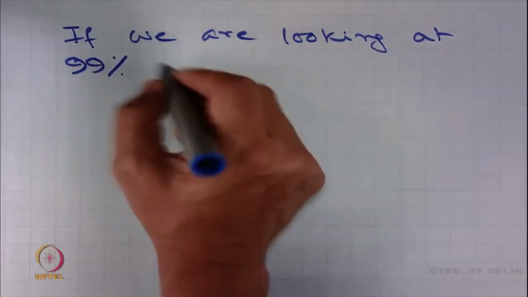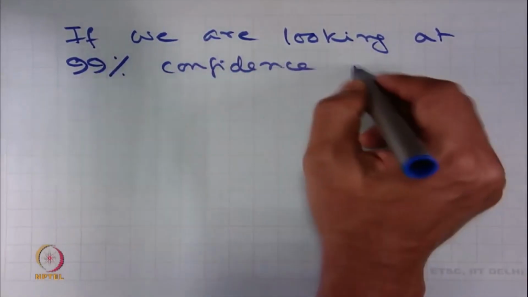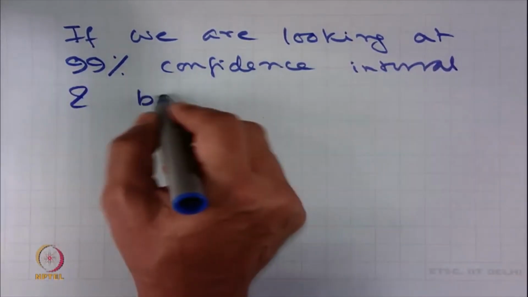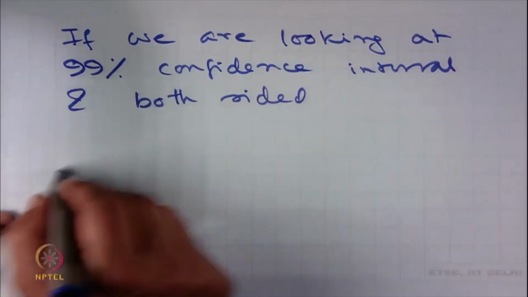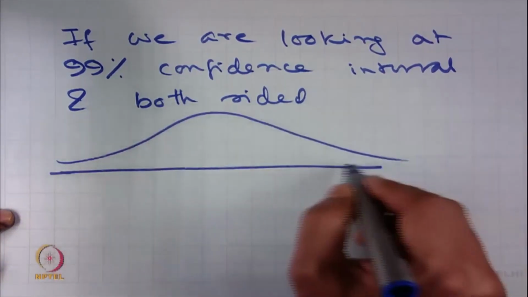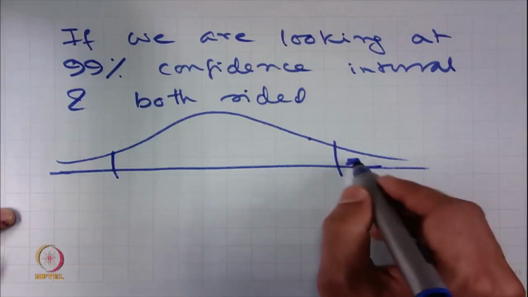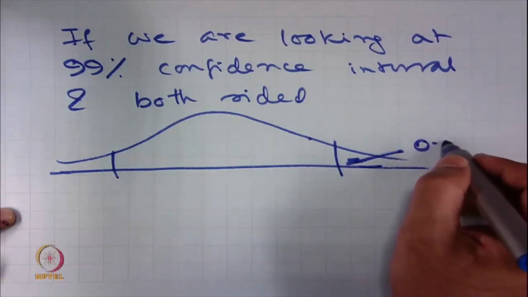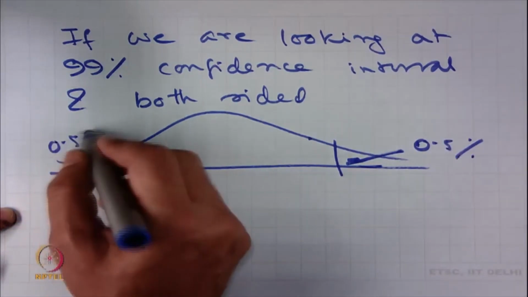If we are looking at a 99% confidence interval, and both sided, therefore, we are looking at this is only 0.5% and this is 0.5%.